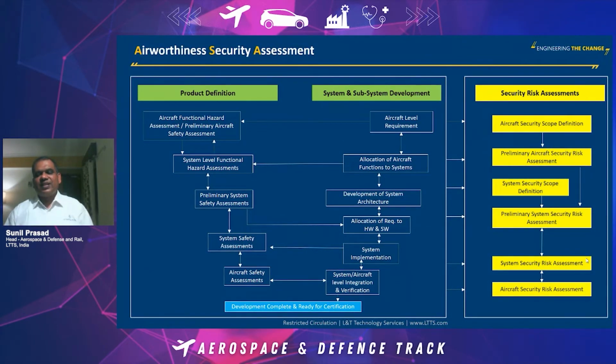Based on the functional safety hazard assessment, there is a category of implementation which is allocated, whether it is a software requirement, hardware requirement, prevention mechanism at the software level, hardware level, implementation happens, and overall the development of security requirements also happens hand in hand with the system safety and with the hardware and software associated development.